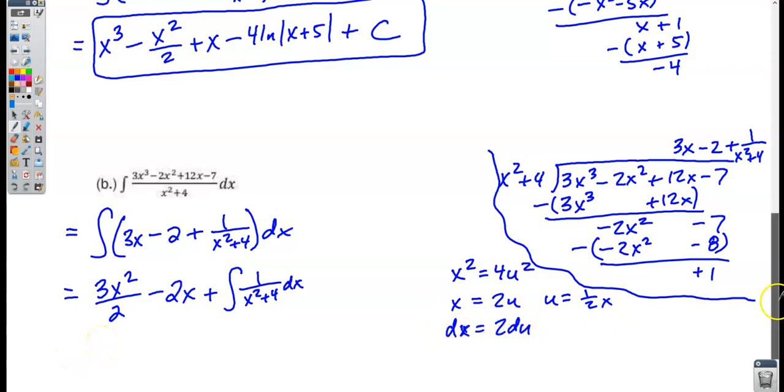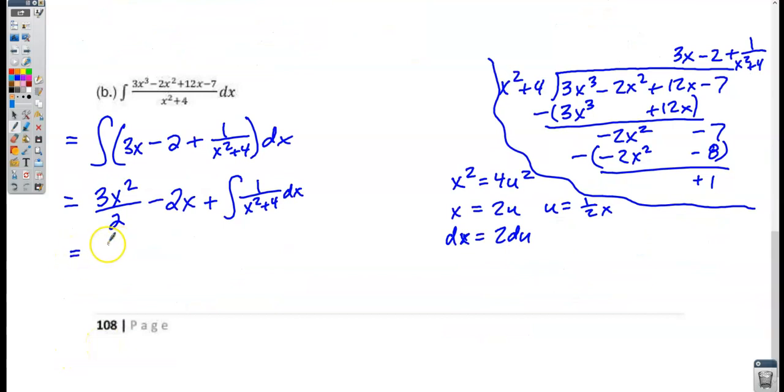And now that's going to make this. I replace the dx with a 2 du, and I replace the x squared with a 4u squared.